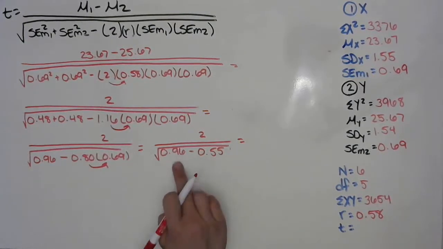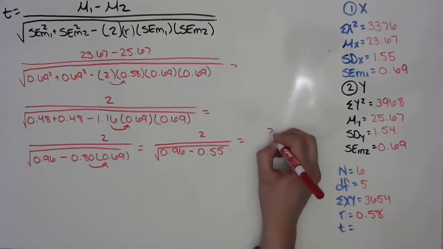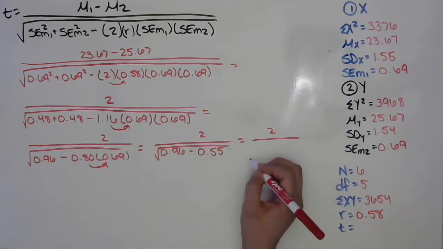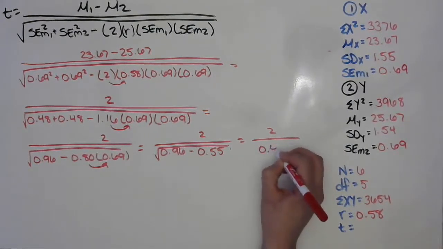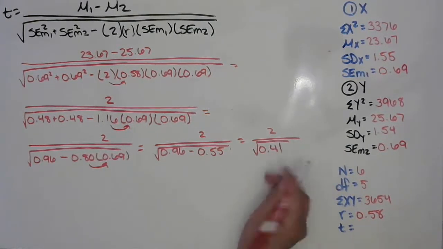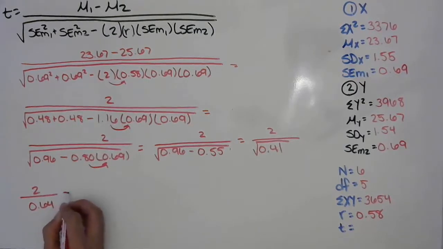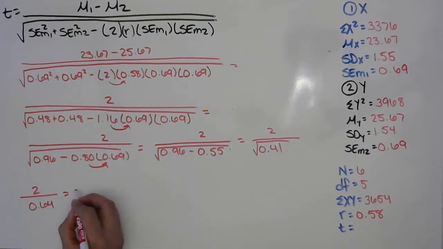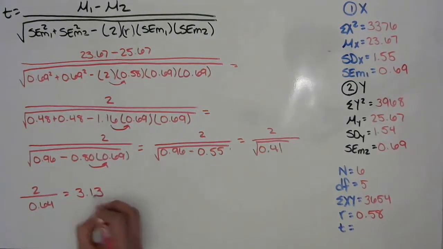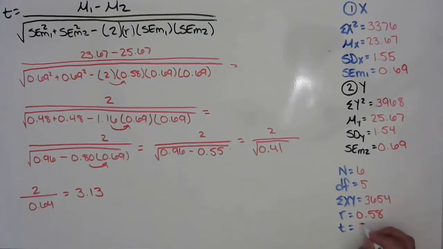Okay, so when we subtract these two, then we will have 2 over 0.41. And then when we square root that out, we will have 2 over 0.64. Then finally divide that out, and we will have 3.13. So our t-value is going to be 3.13.